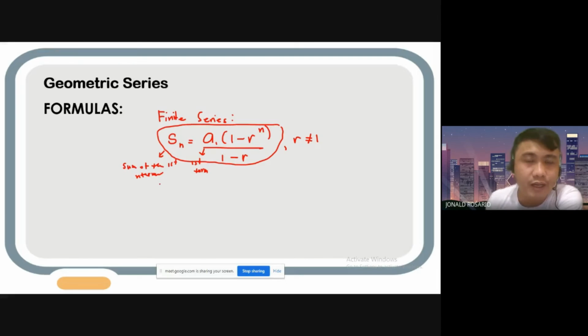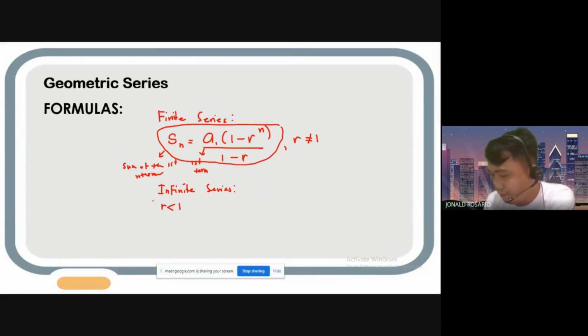How about for the infinite series? Pag infinite series, meron tayong dalawang formula. Okay? Pagka ang value ng ating R ay less than 1, okay?